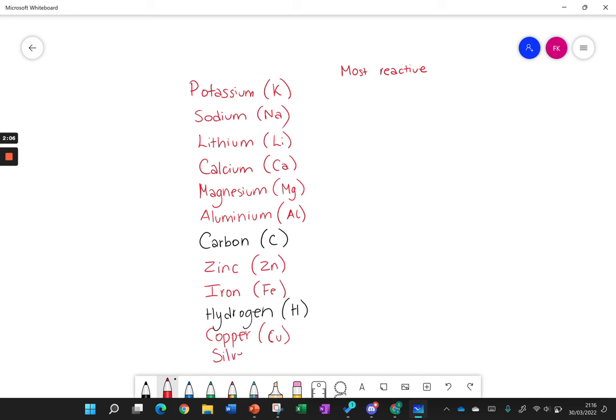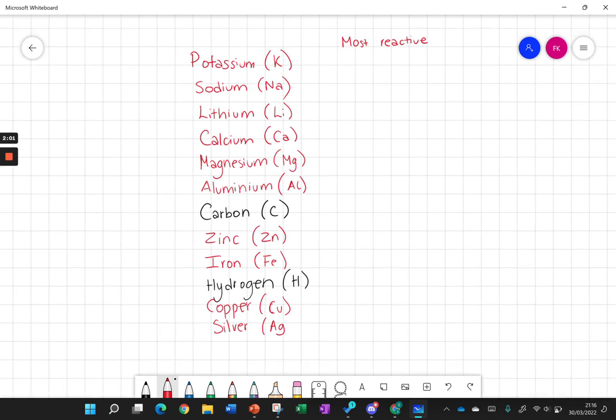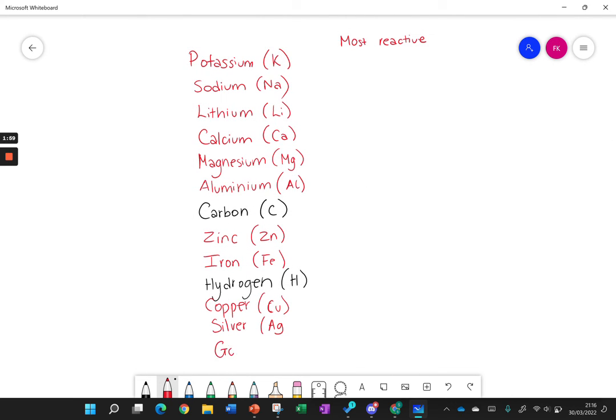Silver. And finally gold, which is generally so unreactive that you can actually find it in the environment as just gold without it being an oxide. So this is our list of reactive, from most reactive to least reactive.